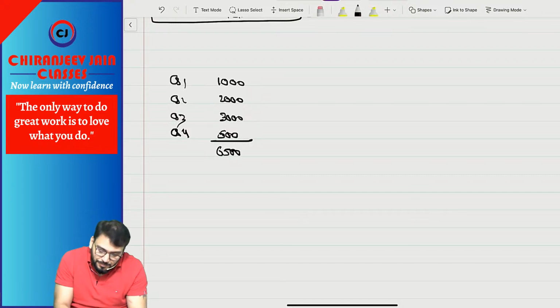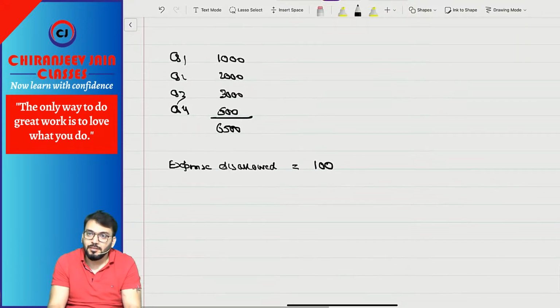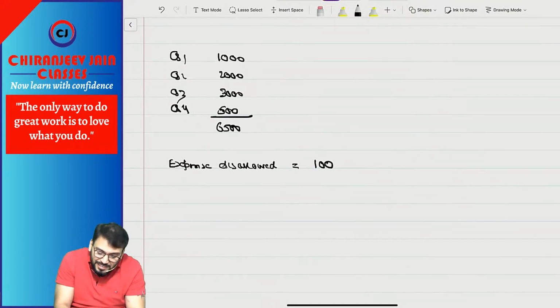Then they may give some expense disallowed in the current year. Suppose the expense disallowed is 100. And they may give some brought forward losses.